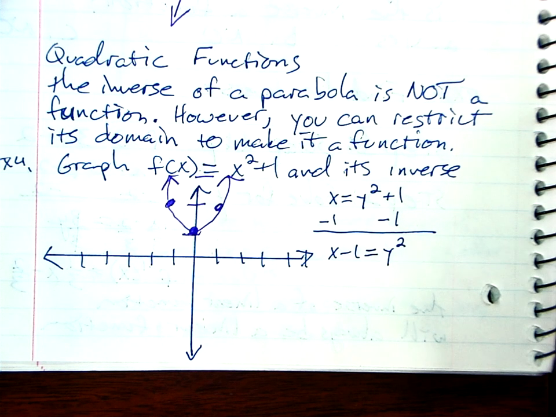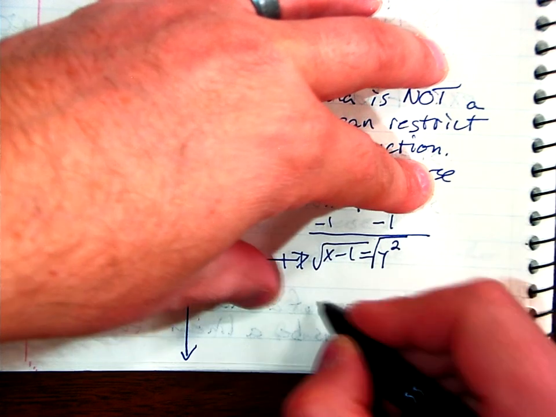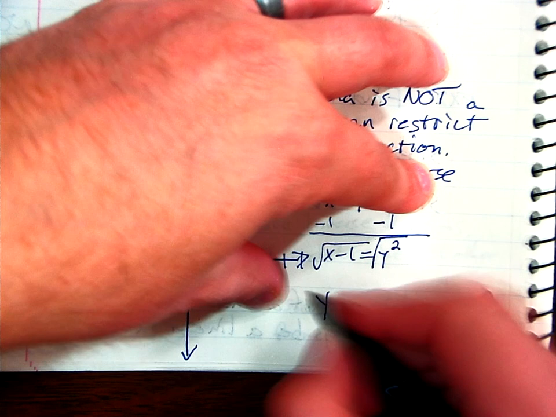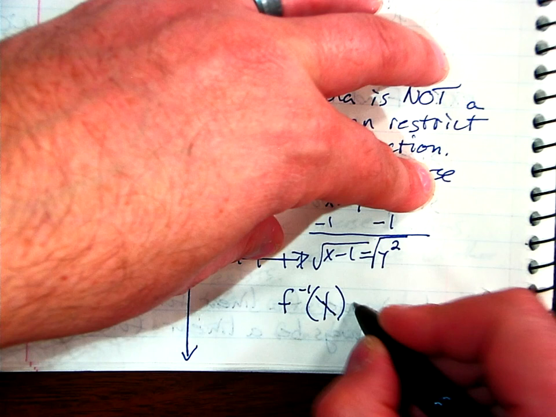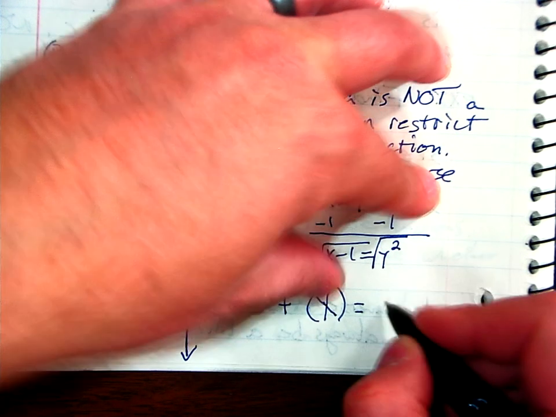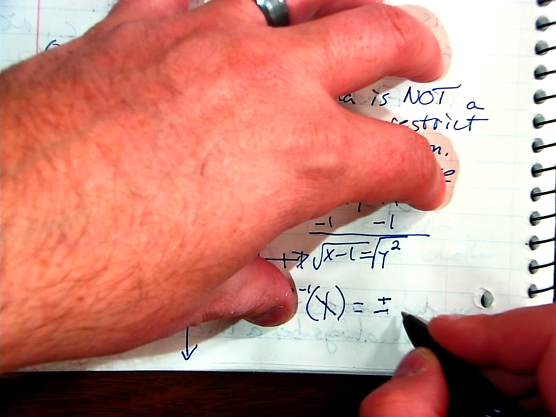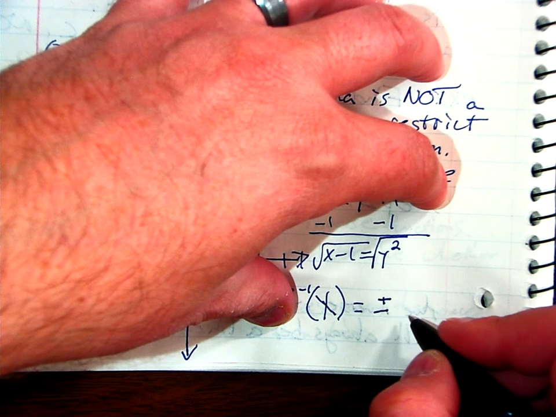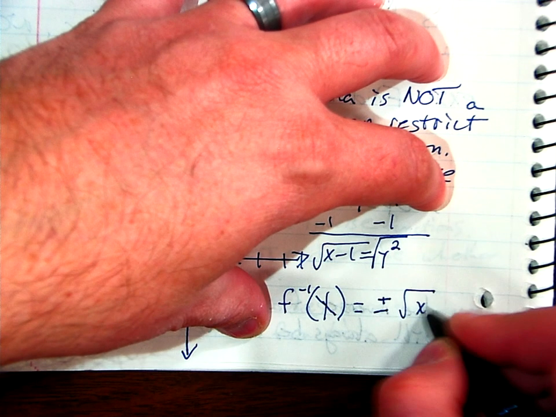I believe the 2 is squaring, so the opposite of that would be square roots. So this is f negative 1 of x equals, it's a square root, so what do we know about a square root? There's how many answers? 2, because remember 2 times 2 is 4 and negative 2 times negative 2 is 4. The square root of x minus 1.